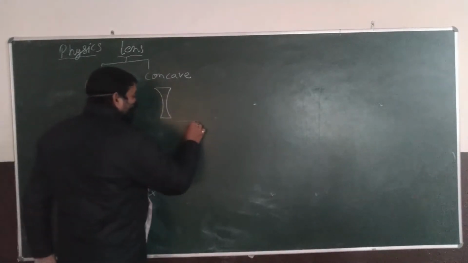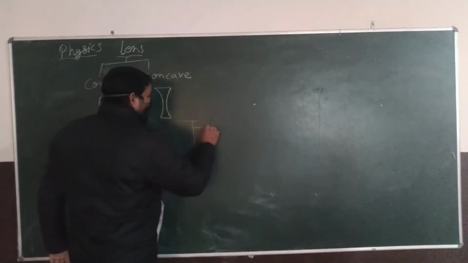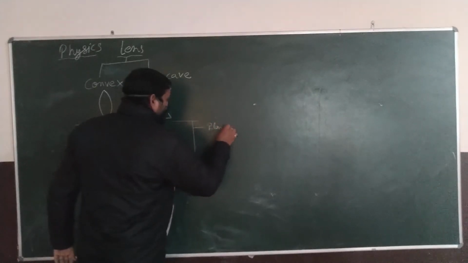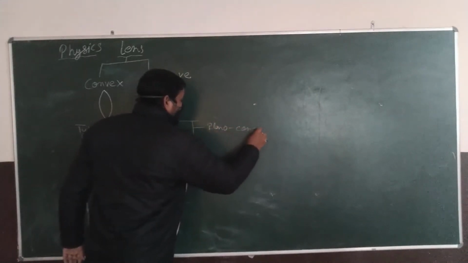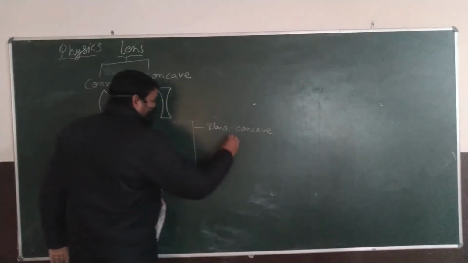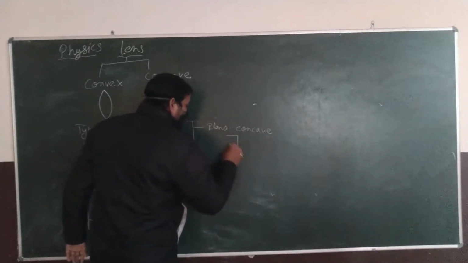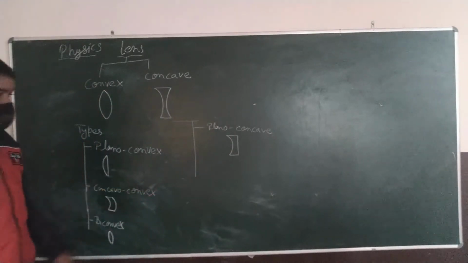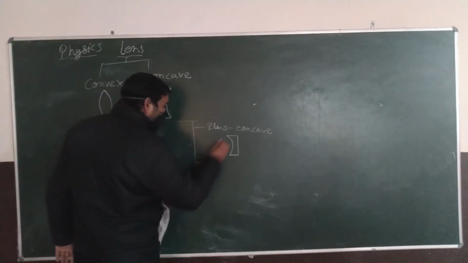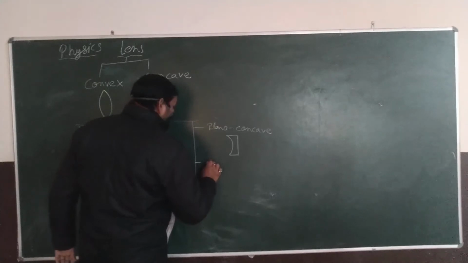Similarly, here we have plano-concave. This is plane at one end and concave at the other end. Second, convexo-concave.